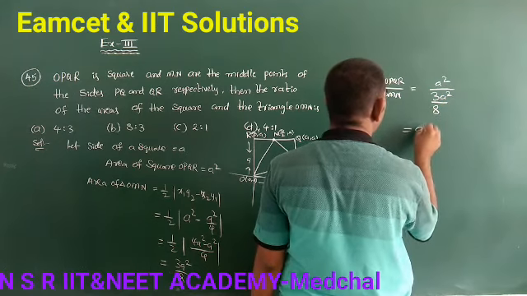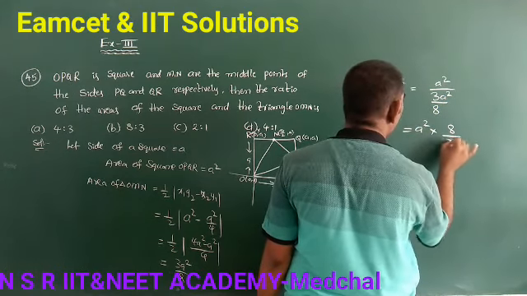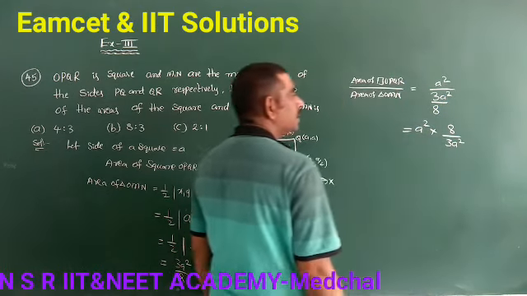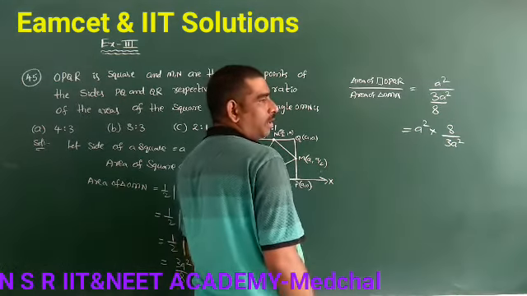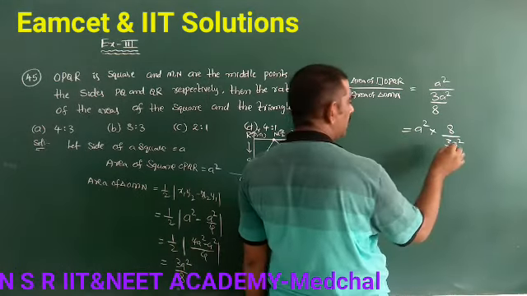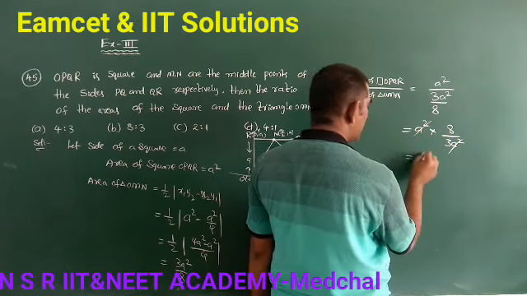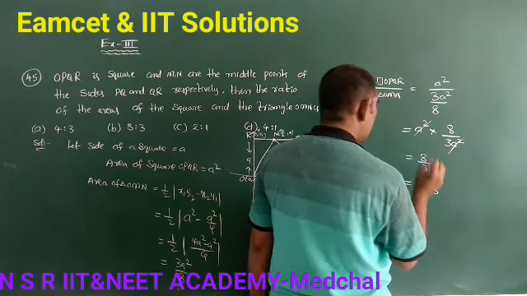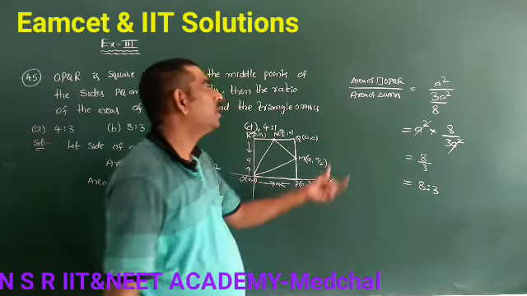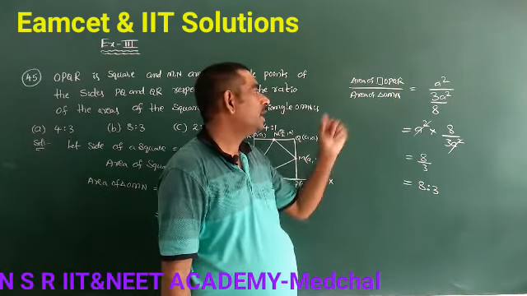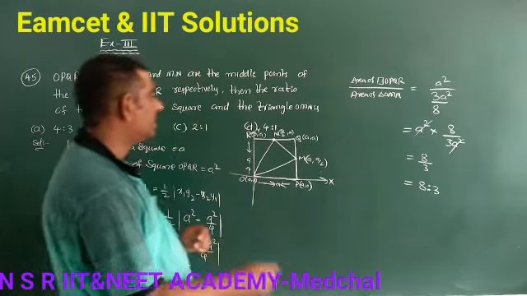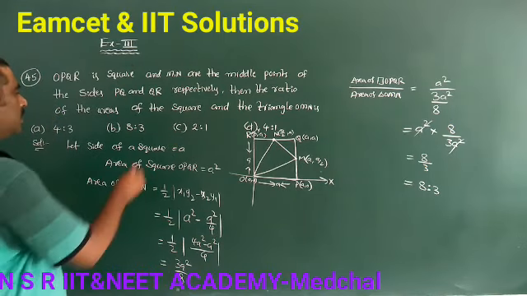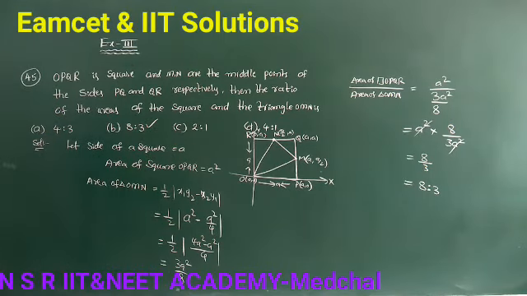So we get A square into 8 by 3A square. Since 3A square by 8 is in the denominator, it becomes 8 by 3A square. So A square gets cancelled, we get 8 by 3. 8 by 3 means 8 is to 3. So the ratio of the area of the square and the area of triangle OMN is 8 is to 3. So our answer is B.